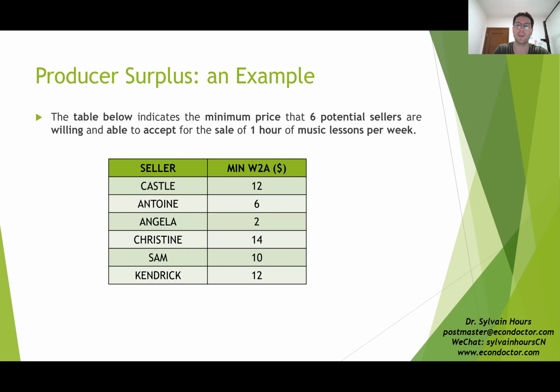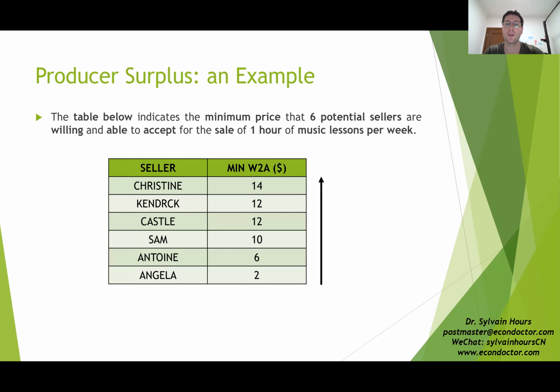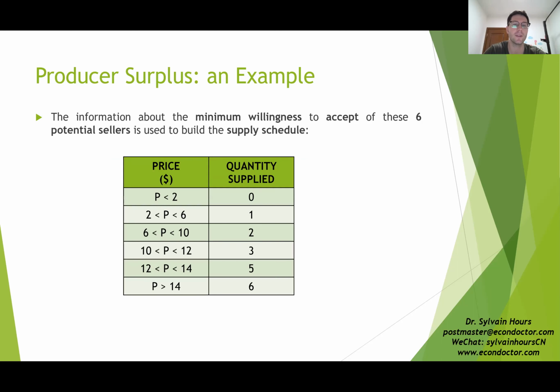So again, what I can do now is to rank those minimum willingness to accept, but instead of ranking them from highest to lowest, I'm going to rank them from lowest to highest. Okay, so I should read in this direction, from lowest to highest. And I can use this information to construct my supply schedule.